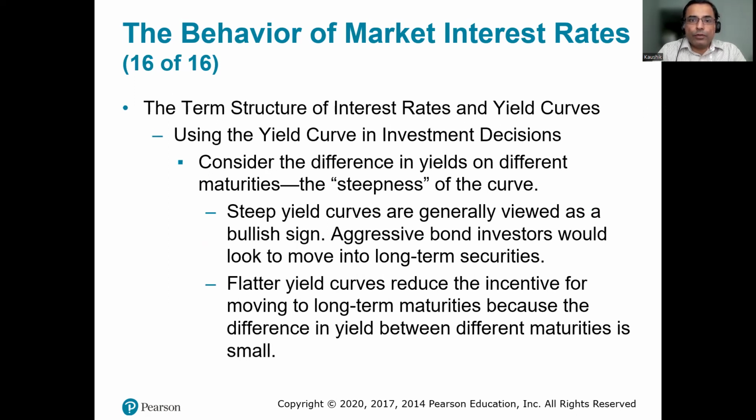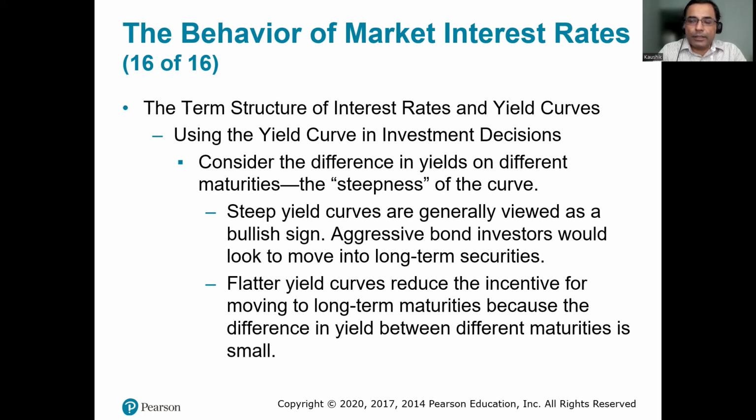We also need to look at the steepness of the yield curve, that is the difference in yields among the different maturities. So if it's a steep yield curve, it means the market is bullish. So the investors may want to move into long-term securities.